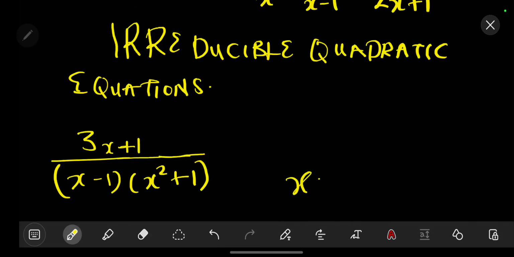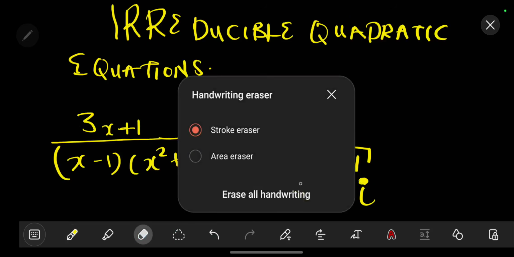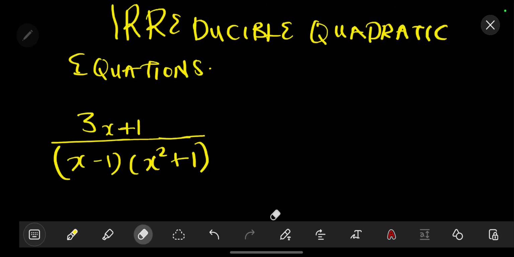So already, if you say x squared is equal to, this value goes the other side, it will be negative 1, the square root of this. Already you can say that your x is equal to, you're going to find that this will be plus or minus i. So meaning to say this one is irreducible, you cannot be able to factorize it no matter what you do. So therefore, what are you going to do?